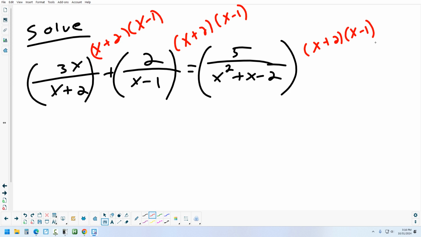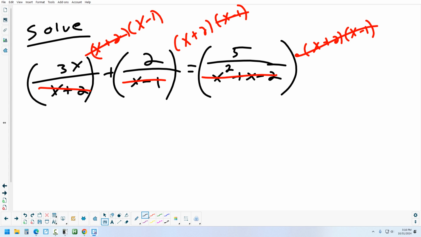What's going to cancel in the first fraction? The x plus 2. Second fraction? X plus 2. And the third fraction? Denominator. If you multiply the two denominators you have together, you get x squared plus x minus 2. So this is that. Now we have to distribute what we have left.